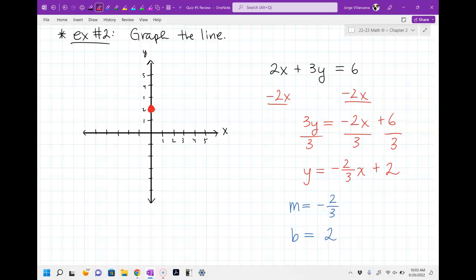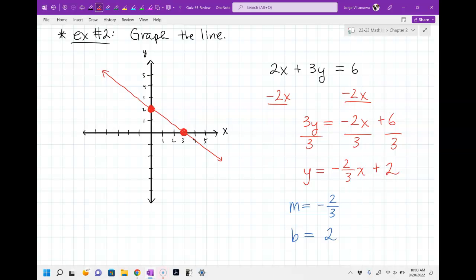Remember, we always start on the y-axis because b is our y-intercept. Then, Sam, answering your question, what if it was negative? In this case, we go downwards because the slope is negative. So I go down 2, 3 times over. That's right here. If my slope was positive, I would have gone up 2, 3 times over. And there you go.